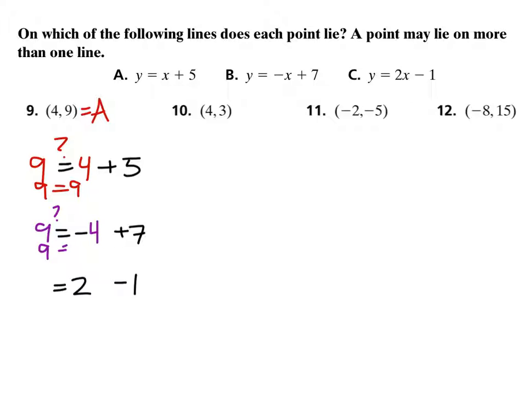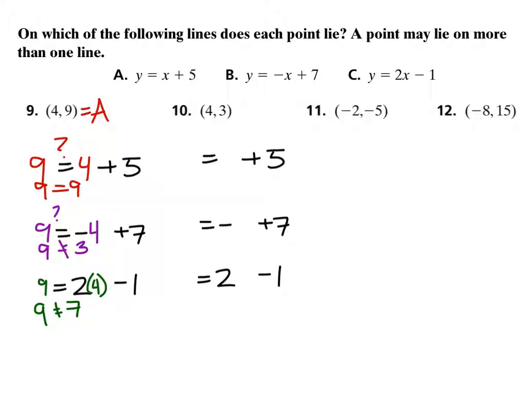Negative 4 plus 7 is 3, so this one is not true, and that point would not be on the line B. Next up, for line C, y equals 2x minus 1. So x is 4 and y is 9. And this would be 9 equals 2 times 4 is 8, minus 1 is 7. So it would not be on line C either. So the point (4, 9) is only on line A.